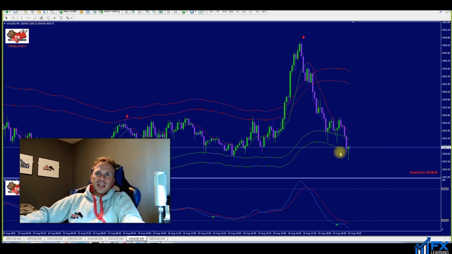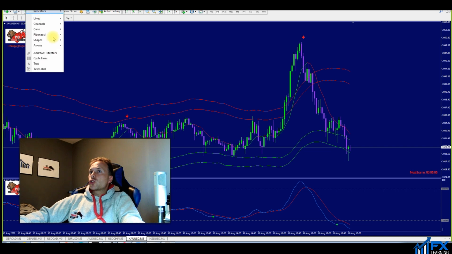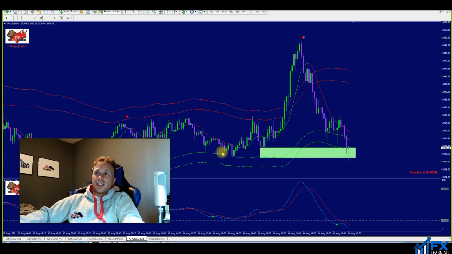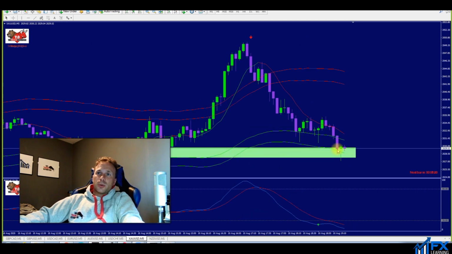And if you draw some resistance area on this, or support area around here, you can see that we're clearly at a support line here. Look at that beautiful sell at the top there, when the MACD and RSI had crossed over. That's a beautiful sell on gold. So that's why I've taken a buy on gold.